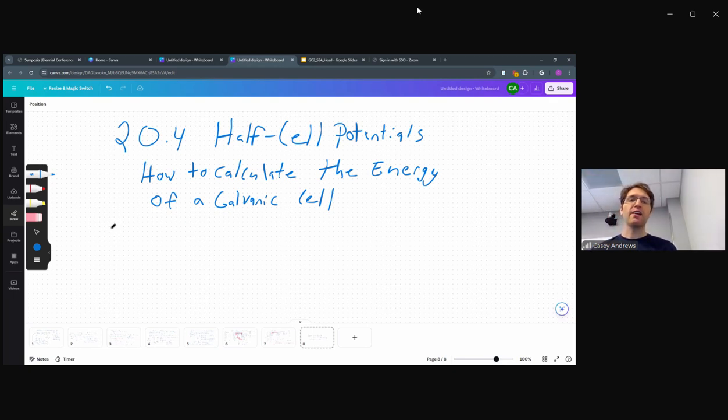And our equation is E naught cell. So the energy of a cell, the energy of a battery, is equal to the energy of your cathode minus the energy of your anode.